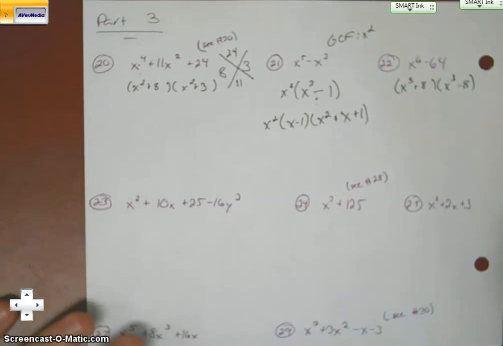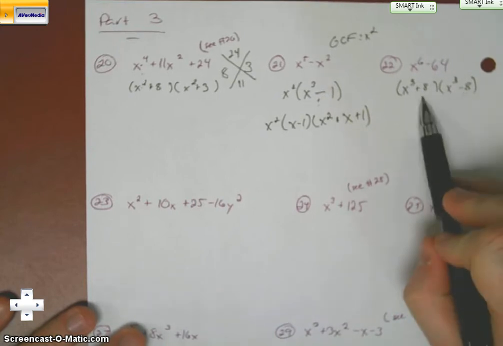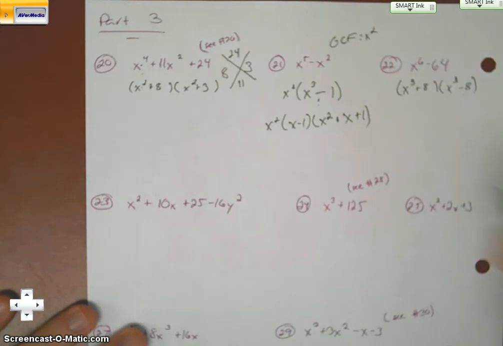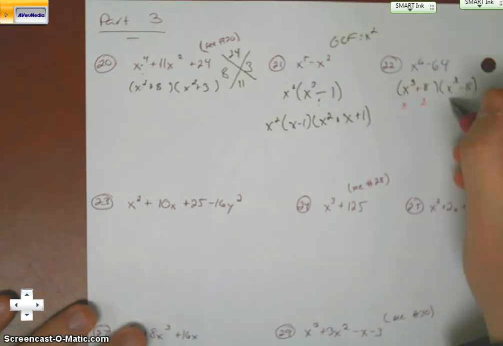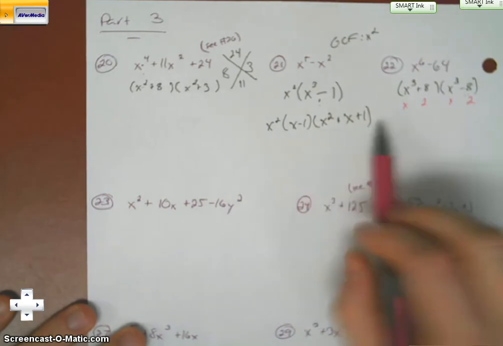Well, unfortunately, we can take this even further because this is a difference of cubes and this is a sum of cubes, where it is x and 2, x and 2. So we have to use this formula again.